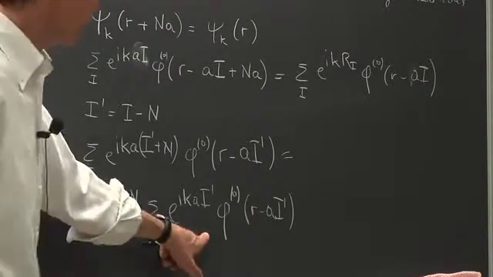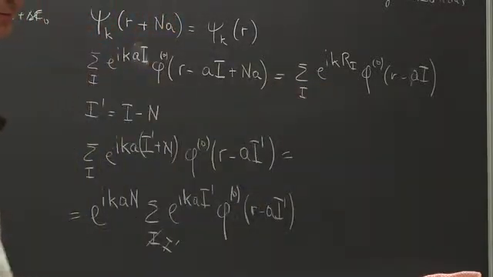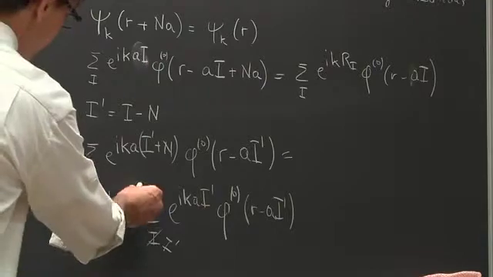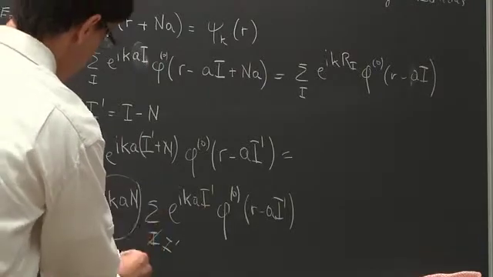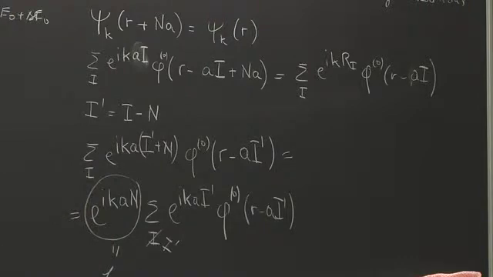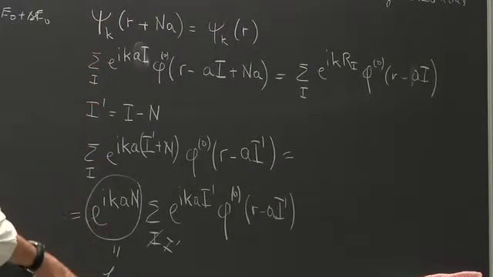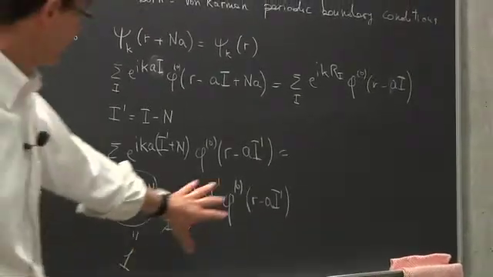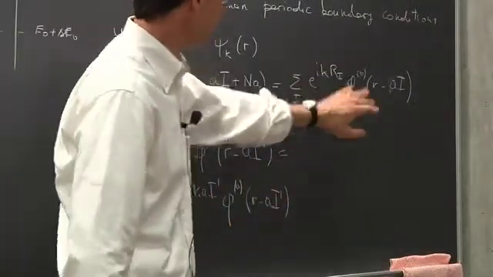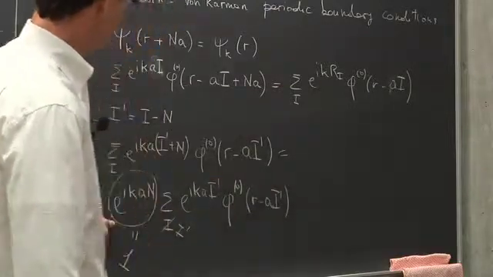But if I want these two quantities to be equal, this factor must be 1. If I want to impose this periodicity, this one must be 1, because this object is the same as the right-hand side.